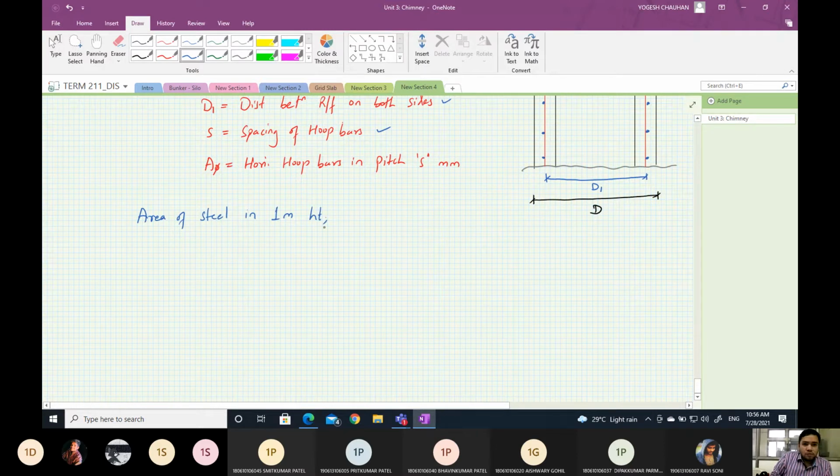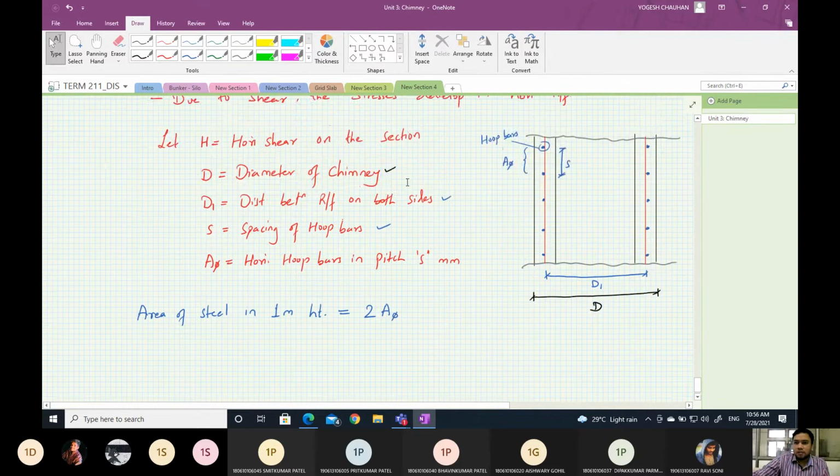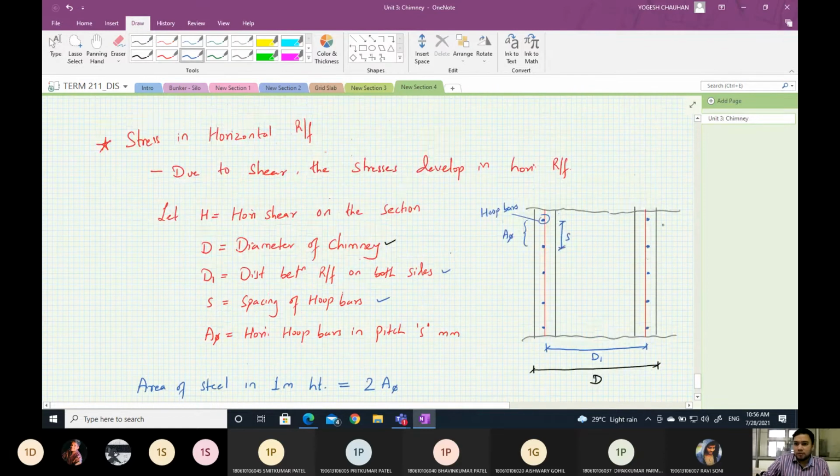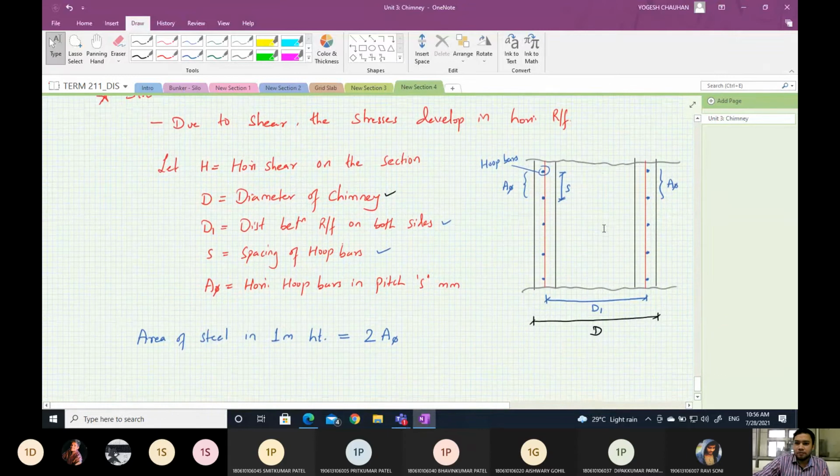It will be equal to 2 times A5, because on both sides we have this A5, A5, it will be 2 A5.